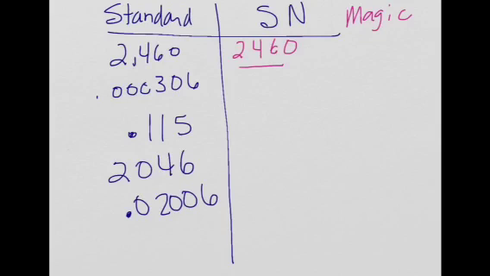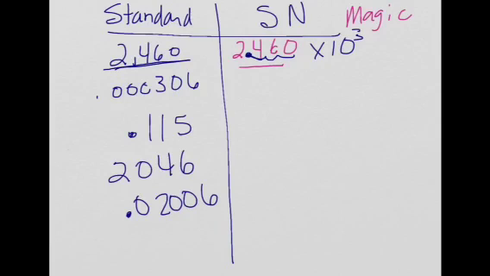So we have 2460, and we want it to be between 1 and 9.99. So we're going to put a large, big, obnoxious decimal, and we're going to do times 10. And now we have to figure out which direction we move it to get it back to the original number that we started with. So we're actually going to need to move it 1, 2, 3 places.